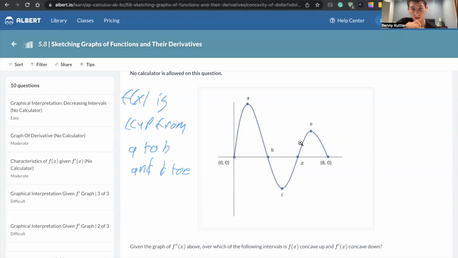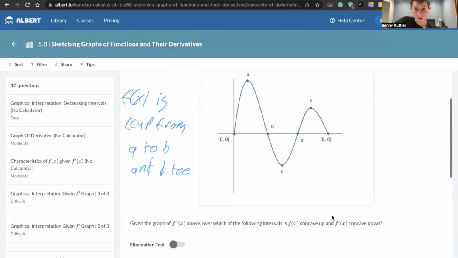So now we're looking at, if this is the second derivative, and we have a first derivative function that's concave down, then the second derivative needs to be decreasing, so getting smaller.